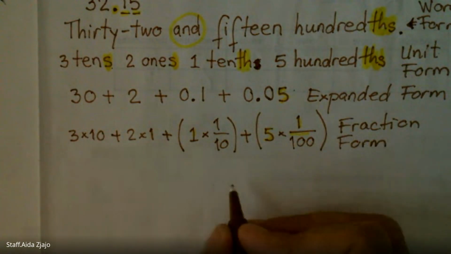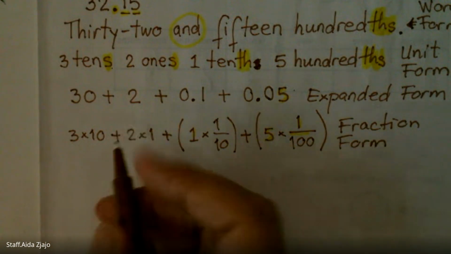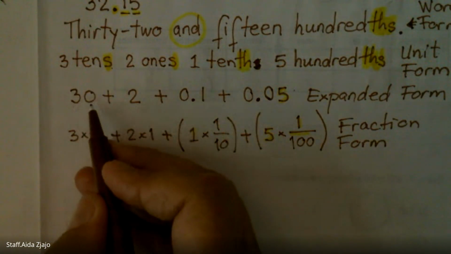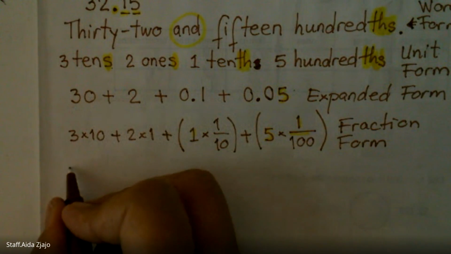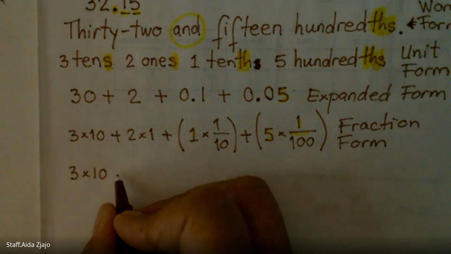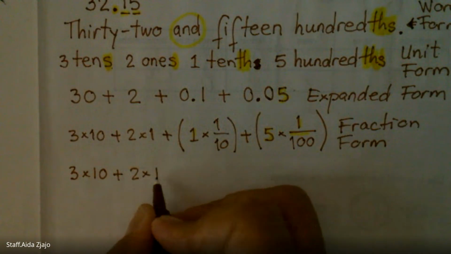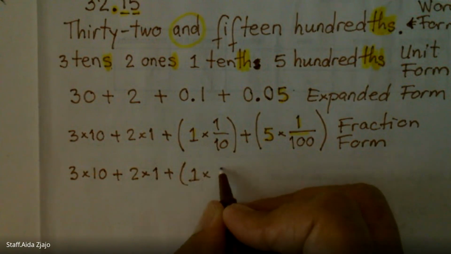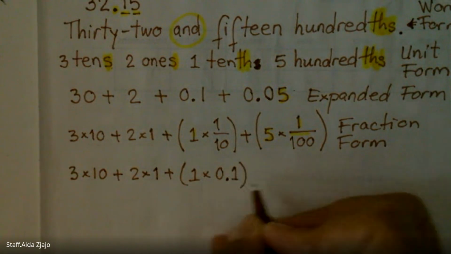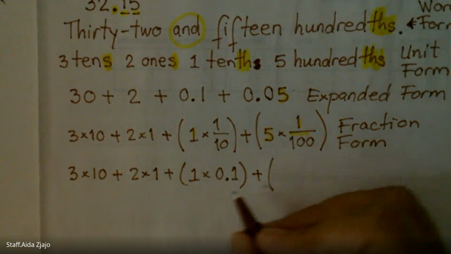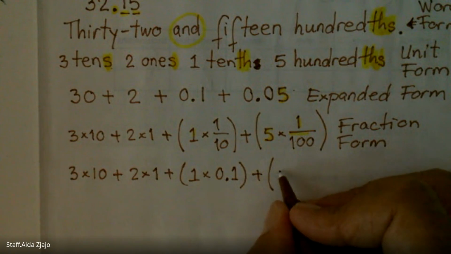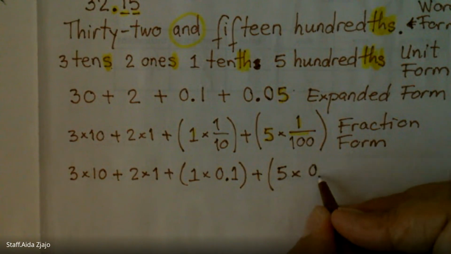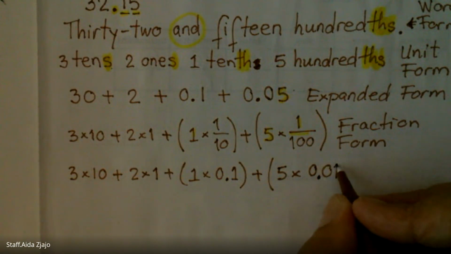Now let's do the decimal. It could also be 3 times 10 plus 2 times 1 plus 1 times 0.1 plus 5 times 0.01, which is 1/100.